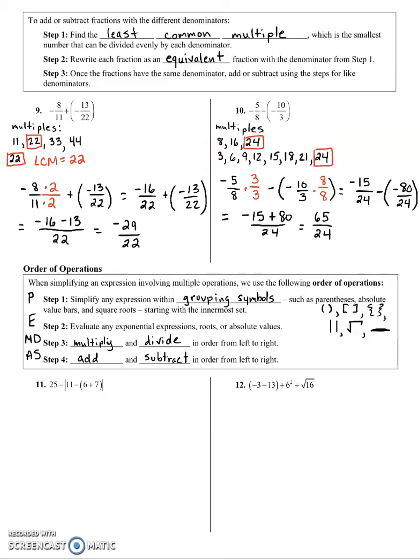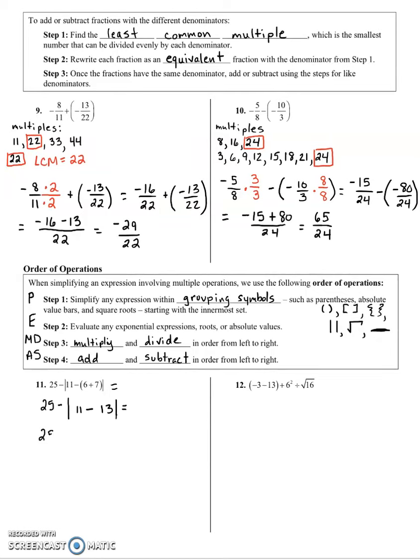So first, grouping symbols. So we have parentheses inside absolute values. We always start with the innermost set. So that's the parentheses. So that means we have 25 minus absolute value of 11 minus 6 plus 7 is 13. Now we evaluate what is inside the absolute value because that's the next grouping symbol.